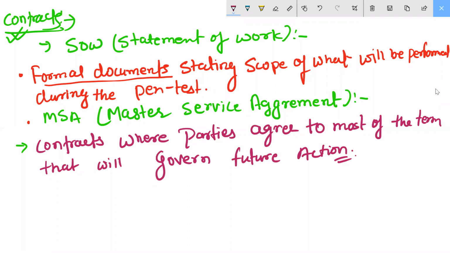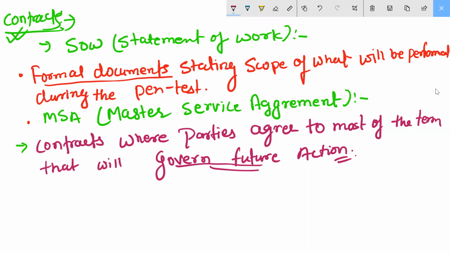For 1 year or 2 years, I will provide that facility from my team. If an attack happens, the third party team will go and resolve the problems. That is what comes here as the future actions plan. You understood? That is the context.